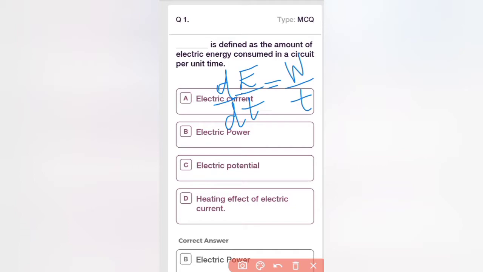Energy is equal to work done, right? So therefore, we can say that this is equal to power, electric power. Electric power is the amount of electric energy consumed in a circuit per unit time. So, option B is the correct answer.